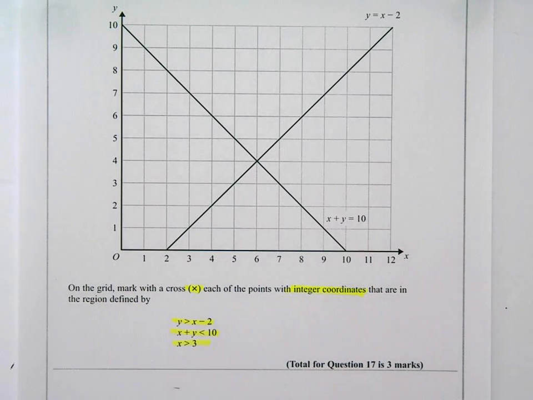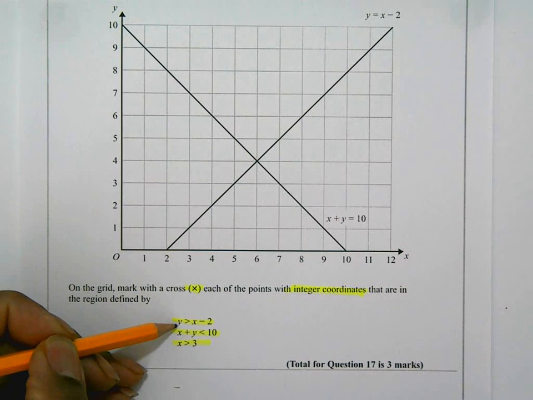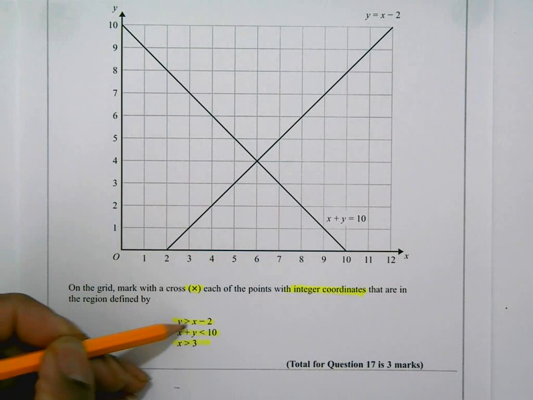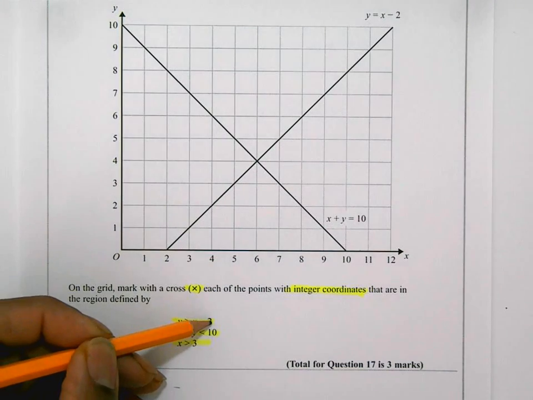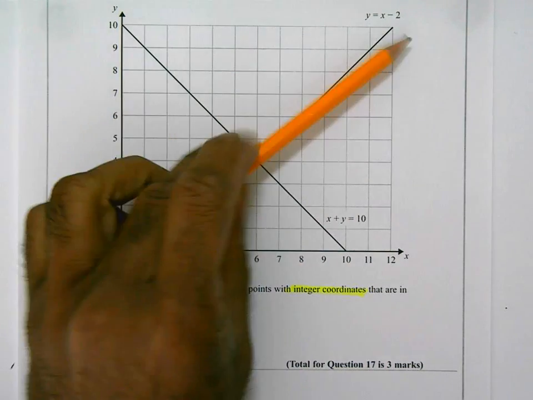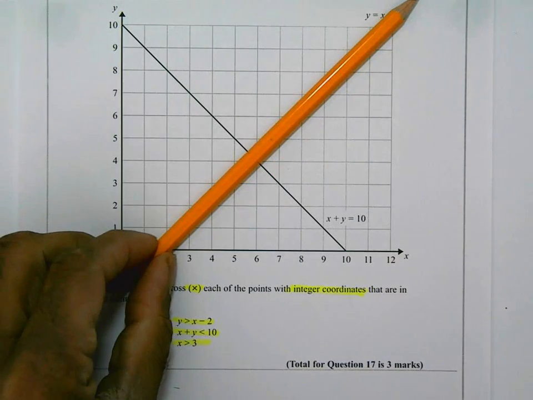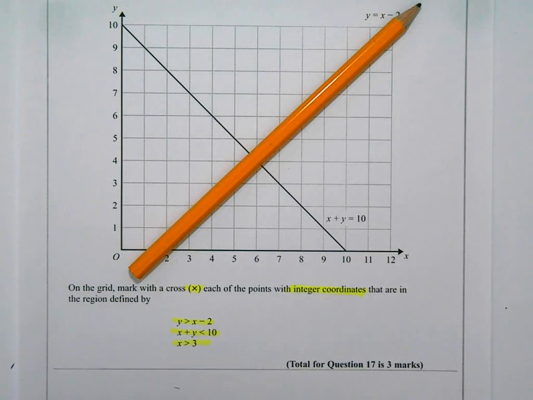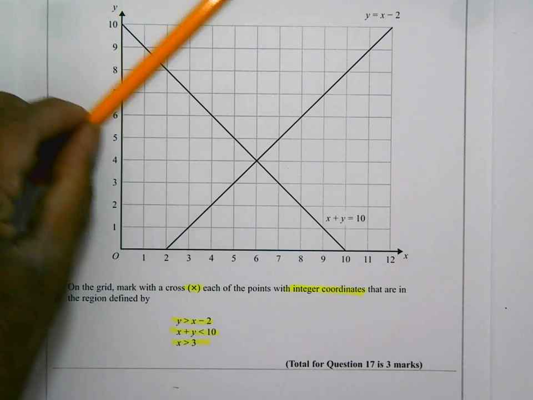So inequalities, graphs. The first one is y is greater than x minus 2. Here is the line y is equal to x minus 2. And so y is greater than x minus 2 is everything above that, right?